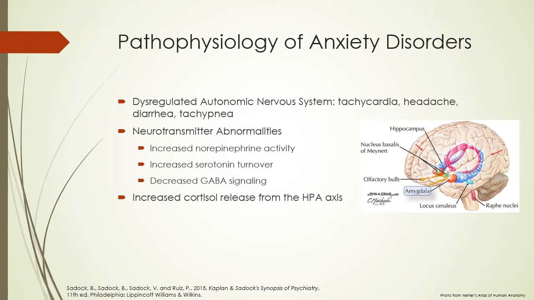Some of the neurotransmitter abnormalities that we see in anxiety disorders are increased norepinephrine activity, and again, we have explained this a while ago, together with the physical findings that we have. Norepinephrine, if you look at the image on your right, is released by the locus coeruleus, which is a part of the midbrain.